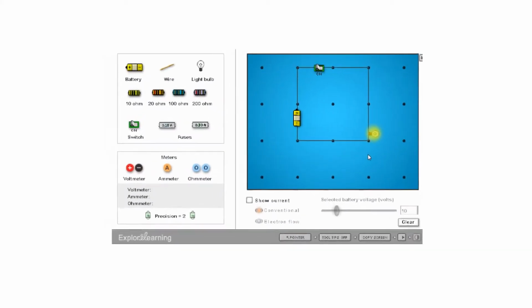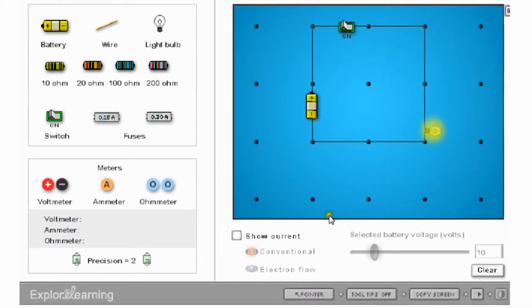So in this simple circuit, if we wanted to measure the current that is traveling through this circuit, let's show the current, for example, the conventional current, I would have to take my ammeter here and place it in series, or within this pathway of electricity, of current flowing. And you notice as I place it in, we get a reading of 0.67 amperes.